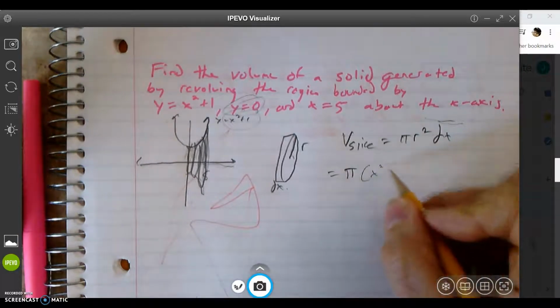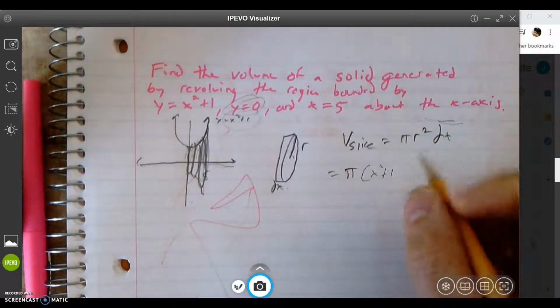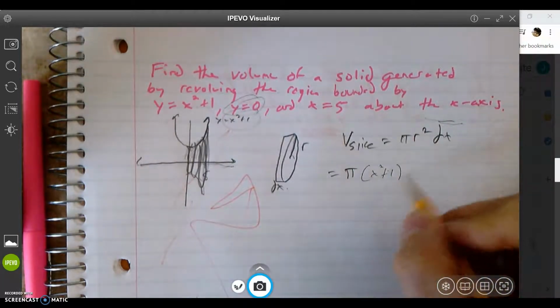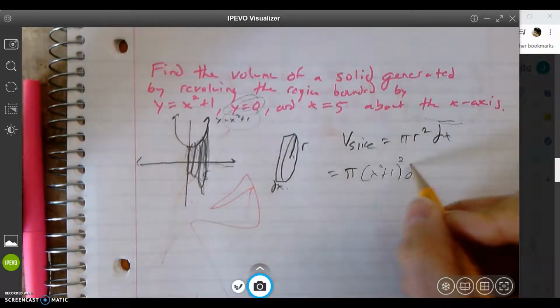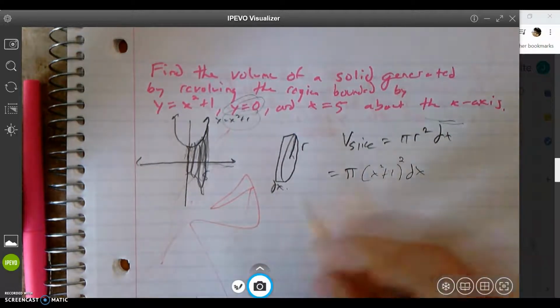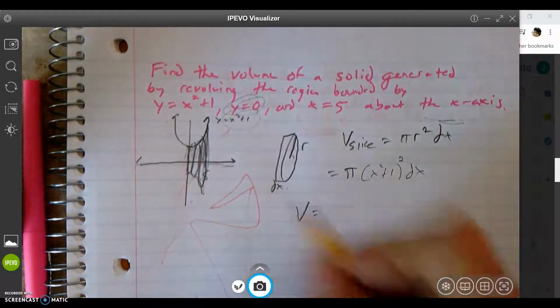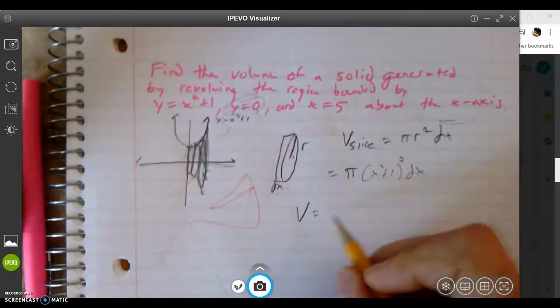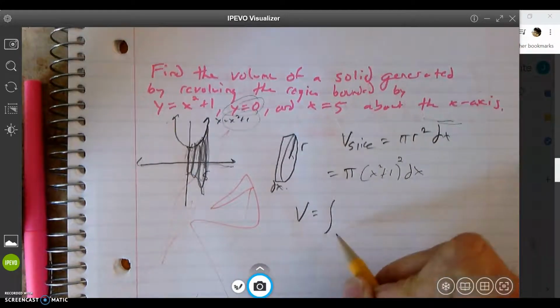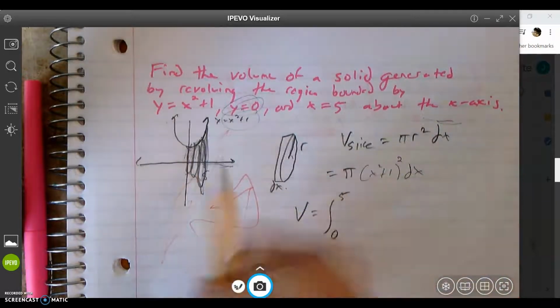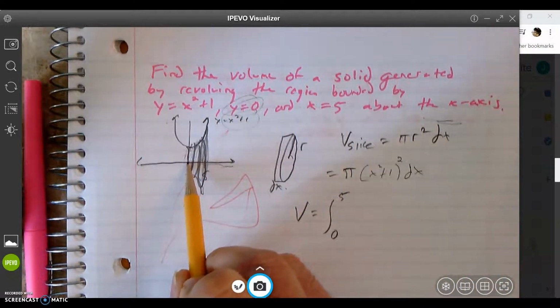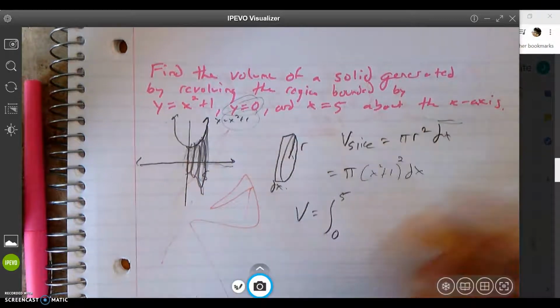Again, x squared plus 1, squared, dx. And so now the entire volume of this whole shape is going to be the integral between 0 and 5, because we started at 0 and 5.